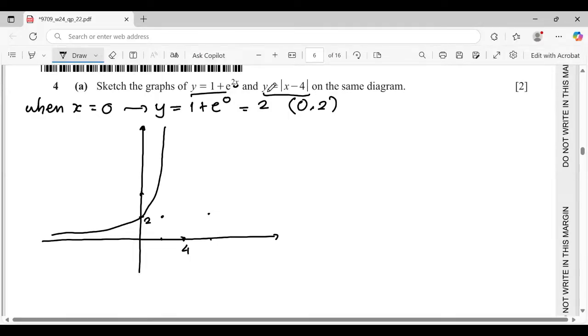So the graph of y equals modulus x minus 4 looks like this. They have one intersection here, P. So between this graph and this graph, they only have one solution.